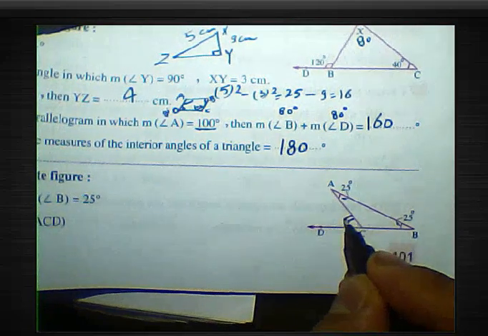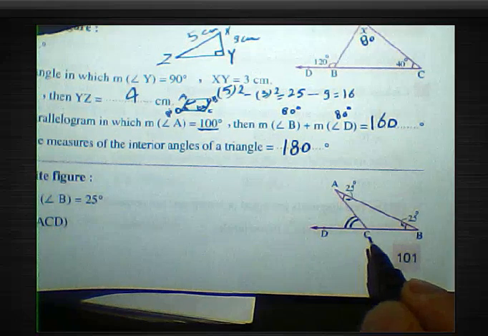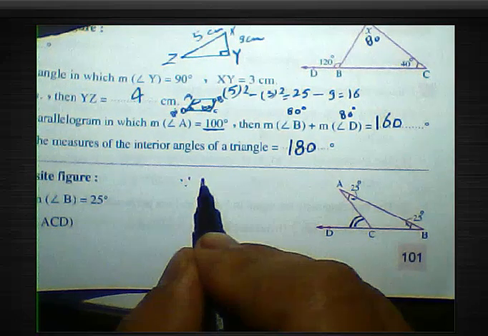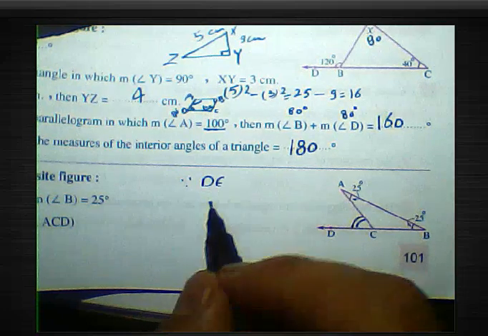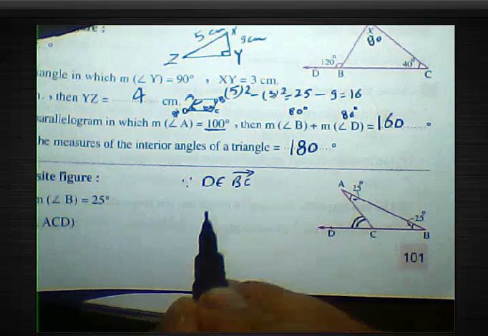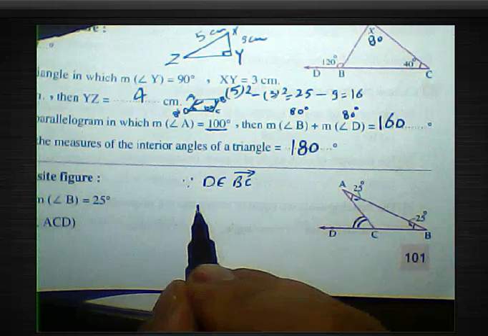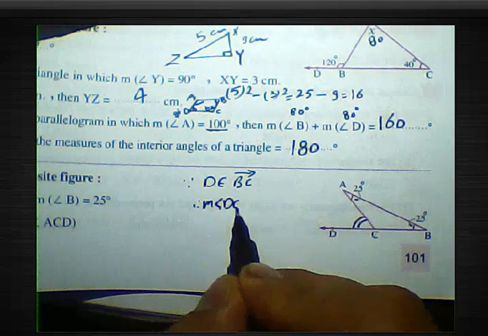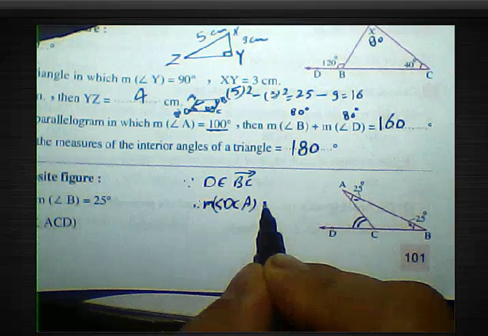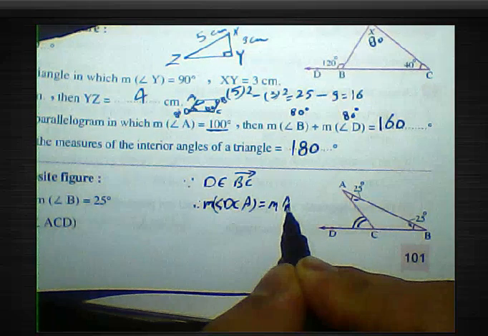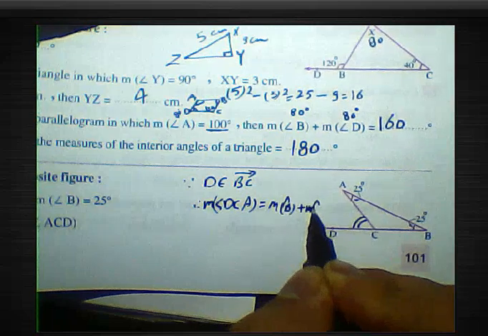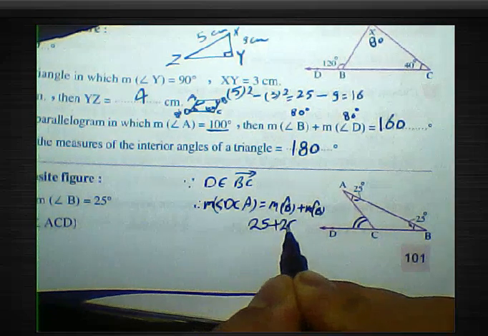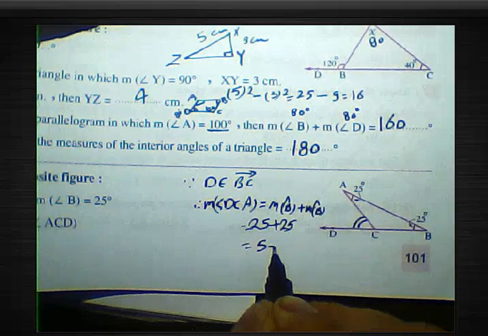This is the exterior angle of the triangle, such that D belongs to the ray BC, then measure of angle DCA equal measure of angle A plus measure of angle B. It will be 25 plus 25 equal 50 degrees.